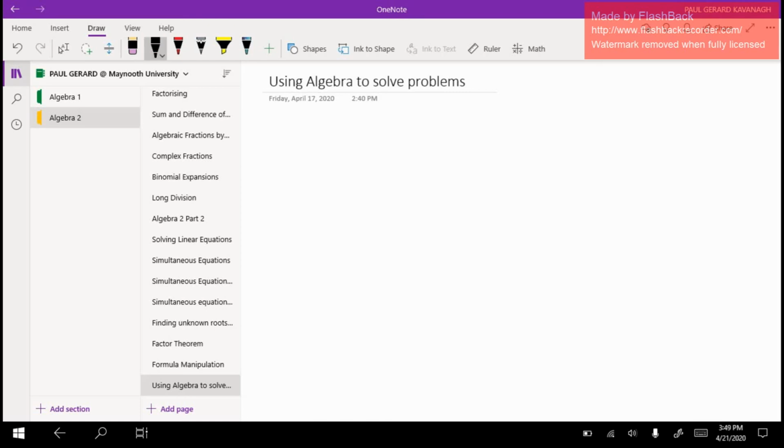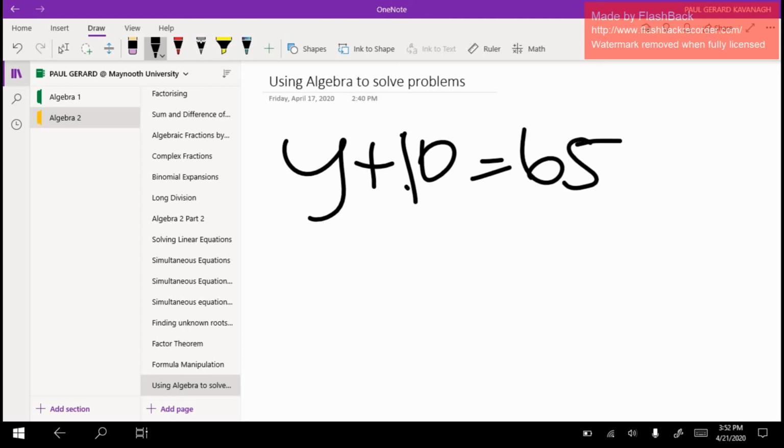Okay, this is a nice easy one. Carl and Eddie's ages together make 65. So we're going to say y is equal to 65. 10 years ago, Carl was twice as old as Eddie. So let's say 10 years ago, y plus 10 is equal to 65.